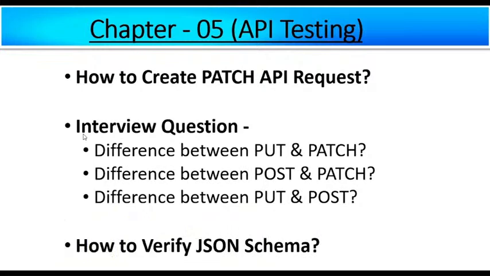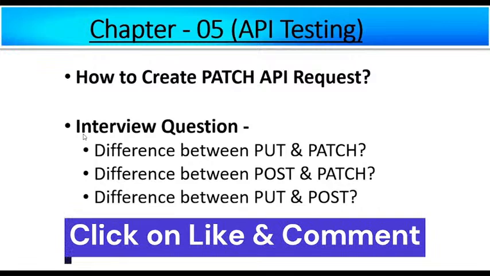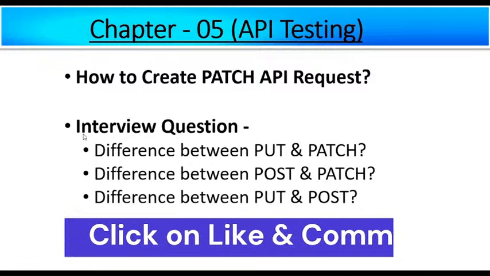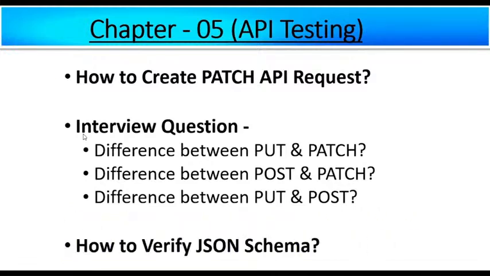Mainly we pass everything, whatever data is there for that specific resource, and the whole resource data will be updated with the request body. But in case of post, we use the post method to create a new resource in the server.